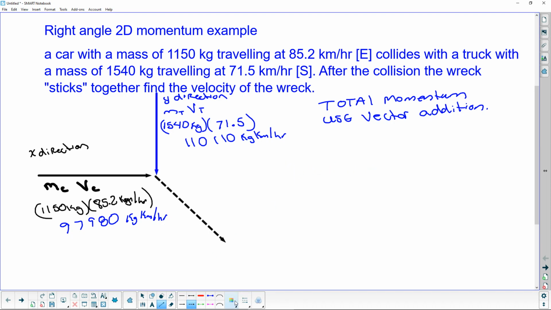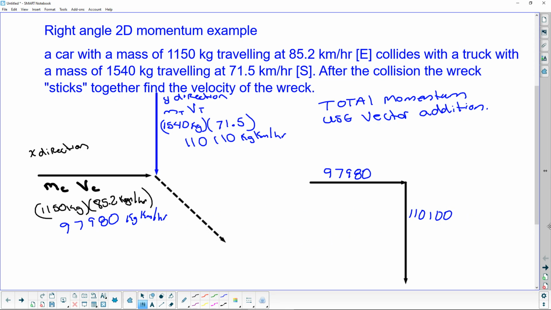So if we draw it out to get our total momentum, let me just do an arrow that's not dotted. So let's say that one and this one. This one's a little bit bigger. So there's our momentum. This one here is 97,980. And this one is 110,110.